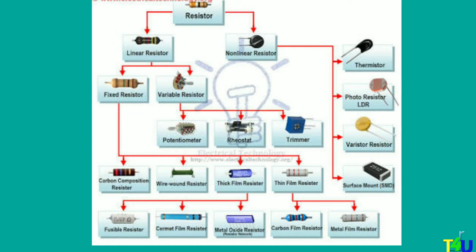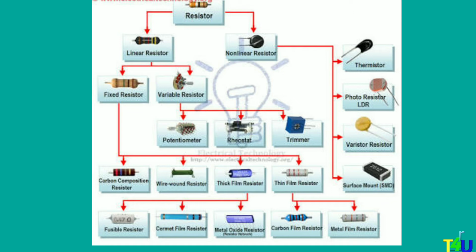Thick film resistor and fusible resistor find application in low power and low surge applications. Ceramic film resistor is used for high operating temperature applications. Metal oxide film resistors find application where high temperature endurance capability is needed.